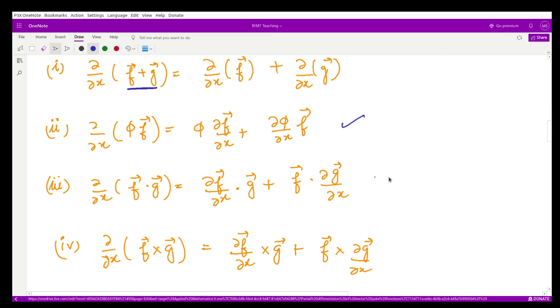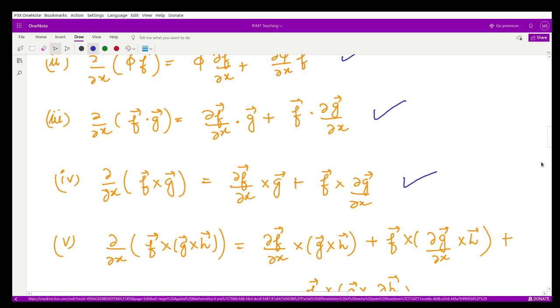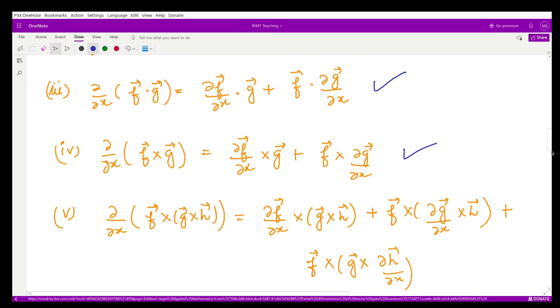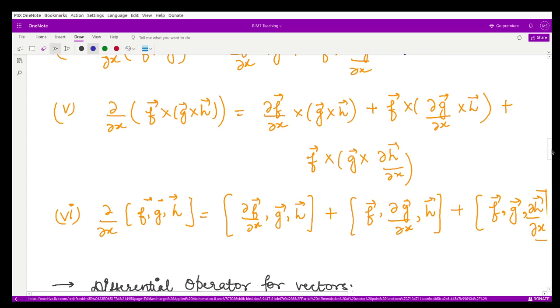And these are the same properties where we have just replaced the ordinary derivatives with the corresponding partial derivative. This is the partial derivative with respect to x. We can also define the partial derivative with respect to y and with respect to z. This is up to us, okay? And this is the last property.